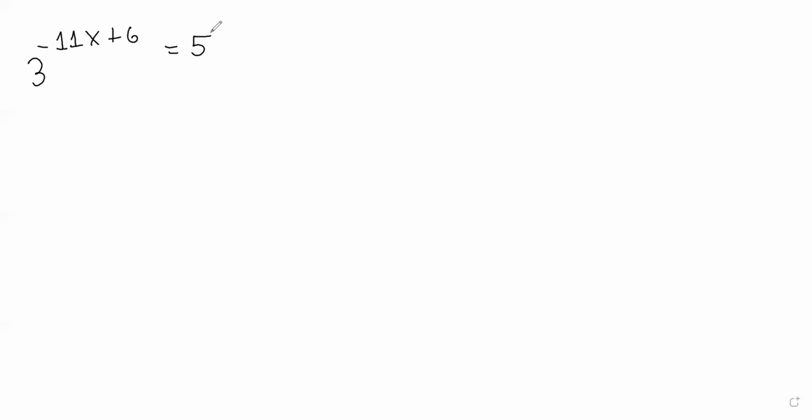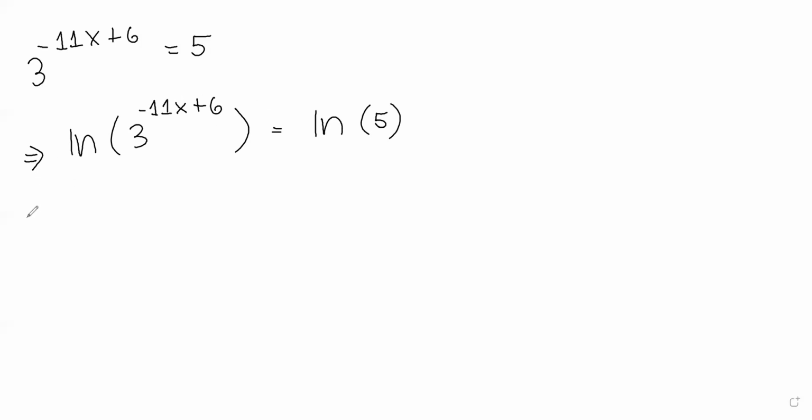In this case, some textbooks or some students like to say, well, instead of taking log of both sides, why not natural log of the left equals natural log of the right? This is perfectly fine too. And we'd get the same result.